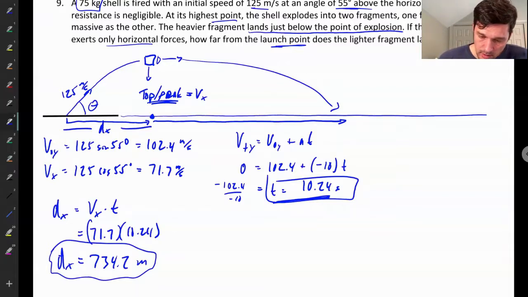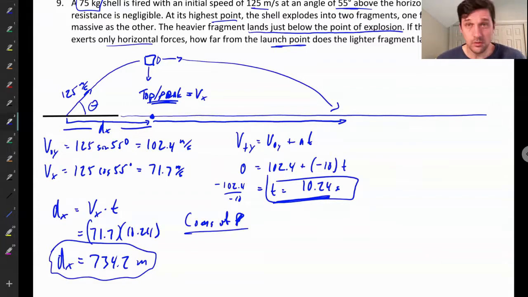Well, to find out the distance that the smaller piece travels horizontally, we've got to know what its velocity is horizontally now. So here's where we deal with the conservation of momentum. Initially, let's only deal with the horizontal velocity, because at the peak, that's all it has.